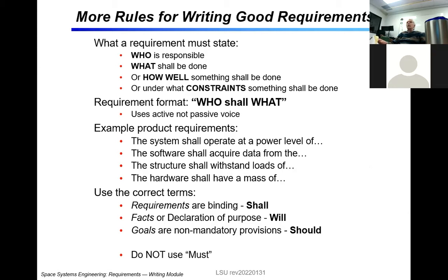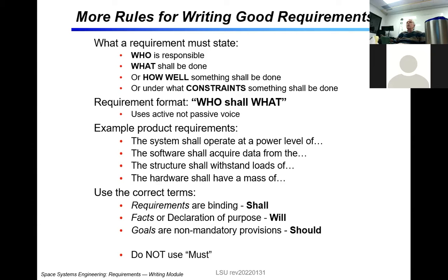Here's an important slide. A requirement must state who is responsible, what shall be done, or how well something shall be done, or under what constraints something shall be done. The format is who, shall, what. This is not a passive voice. This is an active voice, right?